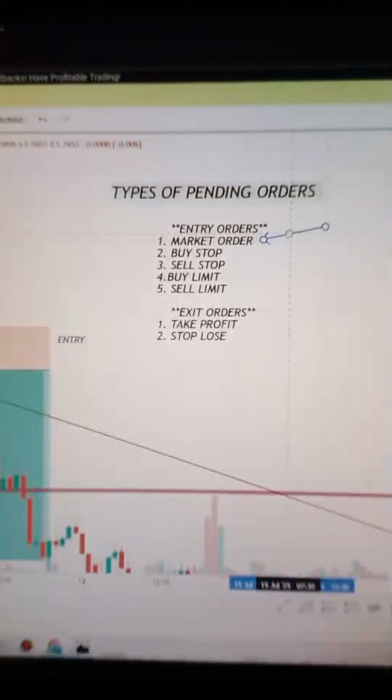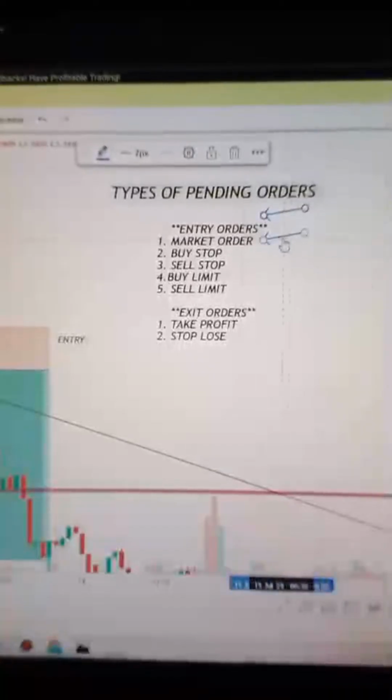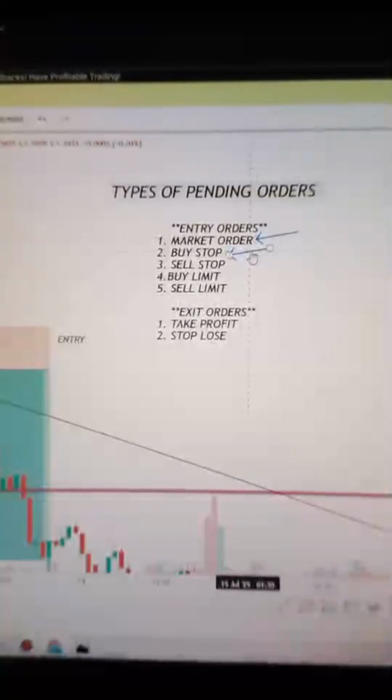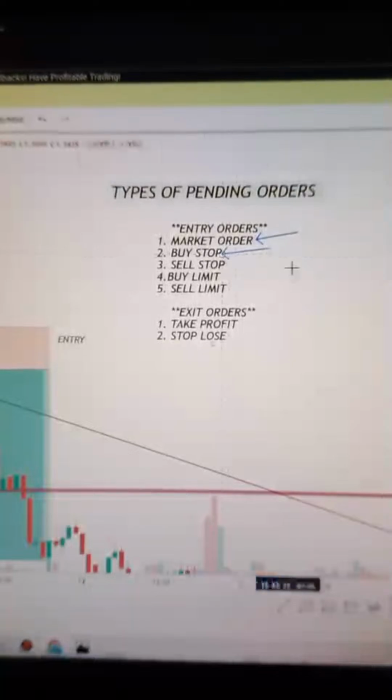The buy stop is an order you take for the market to execute for you at a later price.